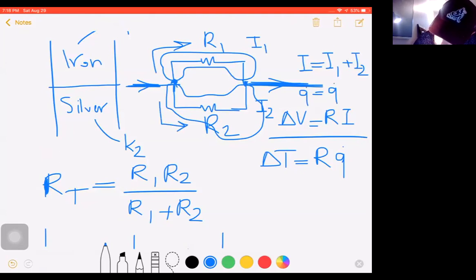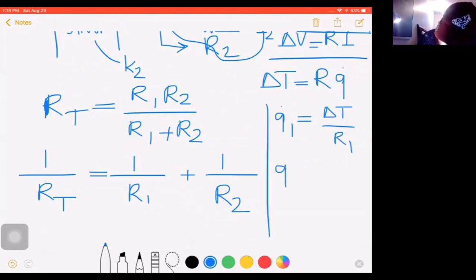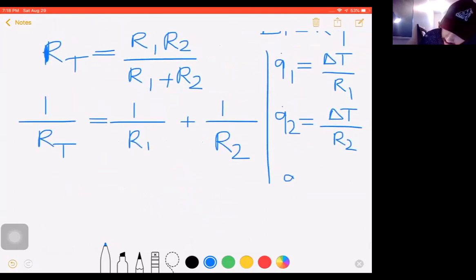That will change our problem to Q dot equals Q dot 1 plus Q dot 2, and Q dot 1 is equal to temperature difference over resistivity 1. Q dot 2 equals temperature difference over resistivity 2, and the total heat rate is equal to temperature difference over the equivalent resistivity that we don't know and want to find.